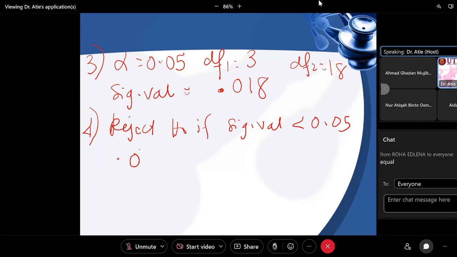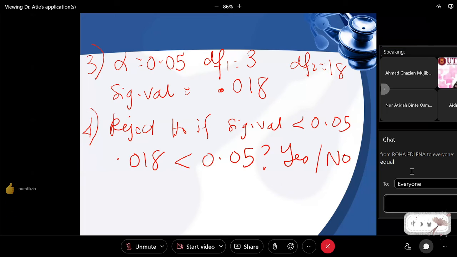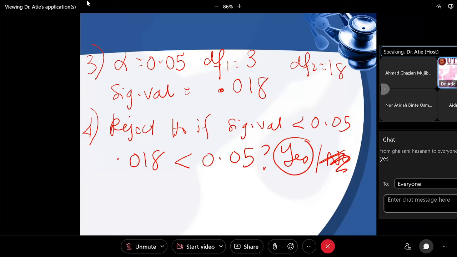Is 0.018 less than 0.05? Yes or no? Any answer? Yes, all right. So, yes, the answer. Then, if yes, therefore, reject H naught.